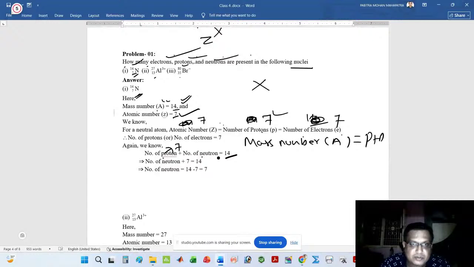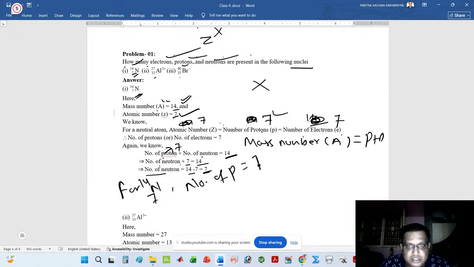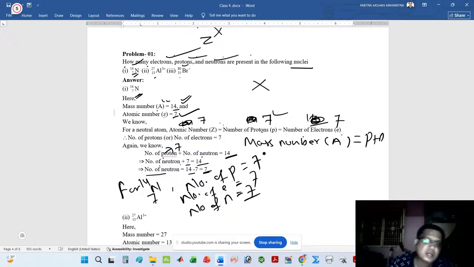Then 7 plus number of neutrons is equal to 14. Number of neutrons is equal to 14 minus 7, that is 7. So for N-14, number of protons is 7, number of electrons is also 7, and neutrons is also 7. This is the answer.